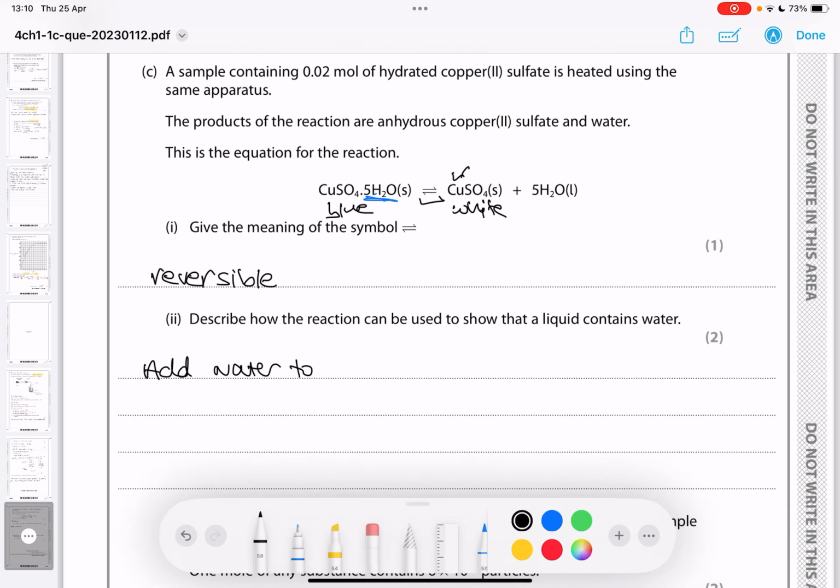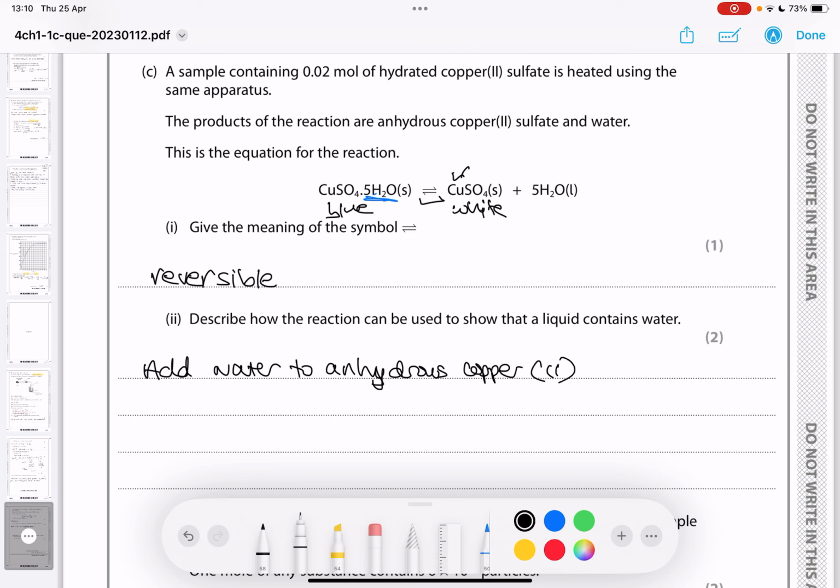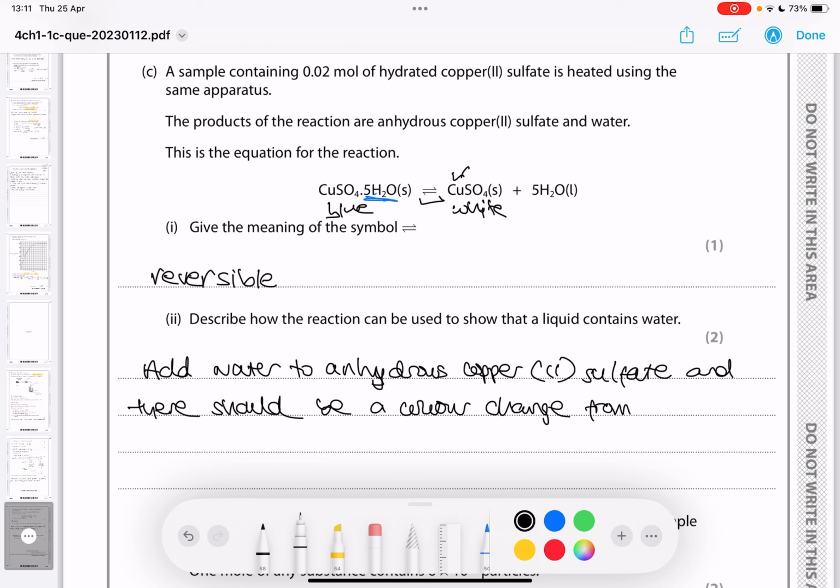So you can do it by adding water to anhydrous copper 2 sulfate, and there should be a color change from white to blue.